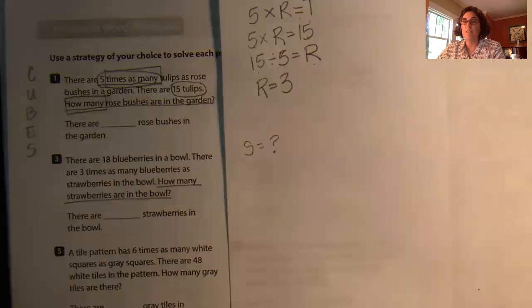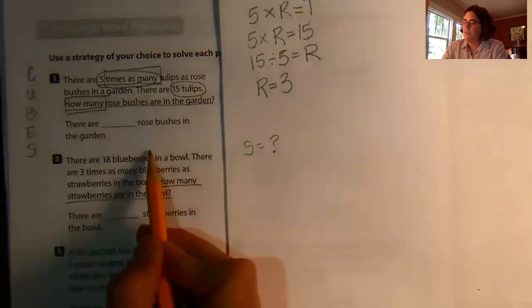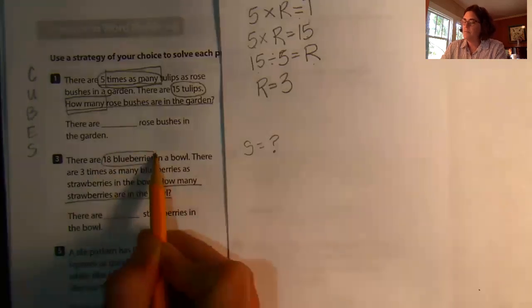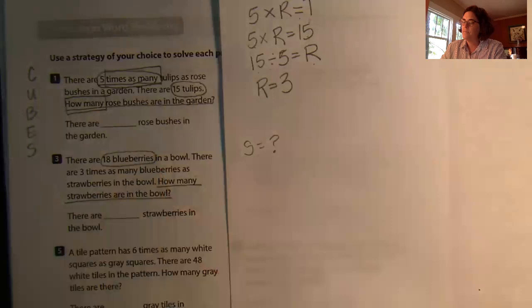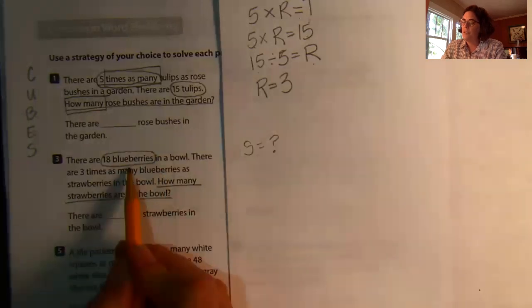All right, just like we did in the problem before, let's go ahead and circle our important information, important numbers first. All right, so I see 18 blueberries. And I see 3 times as many.